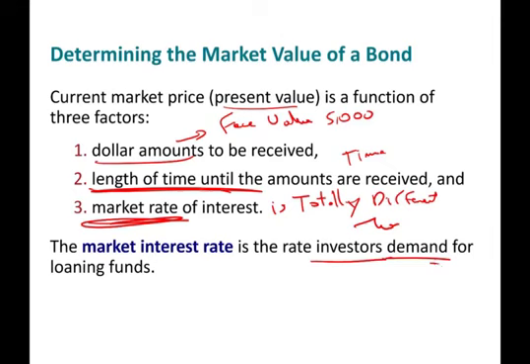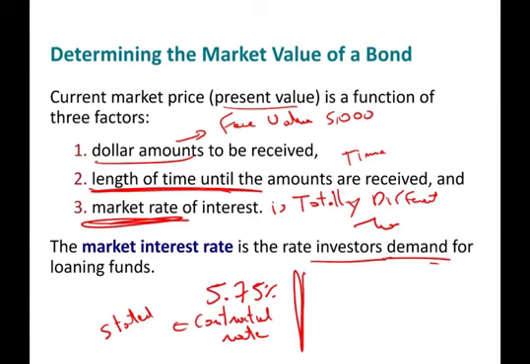The International Chemical Company might say, I'm offering 5.75%. This is the contractual rate, or the stated rate. As a bondholder, or as an investor, I'm going to say, this is not acceptable. I demand 8%. This is my market rate.